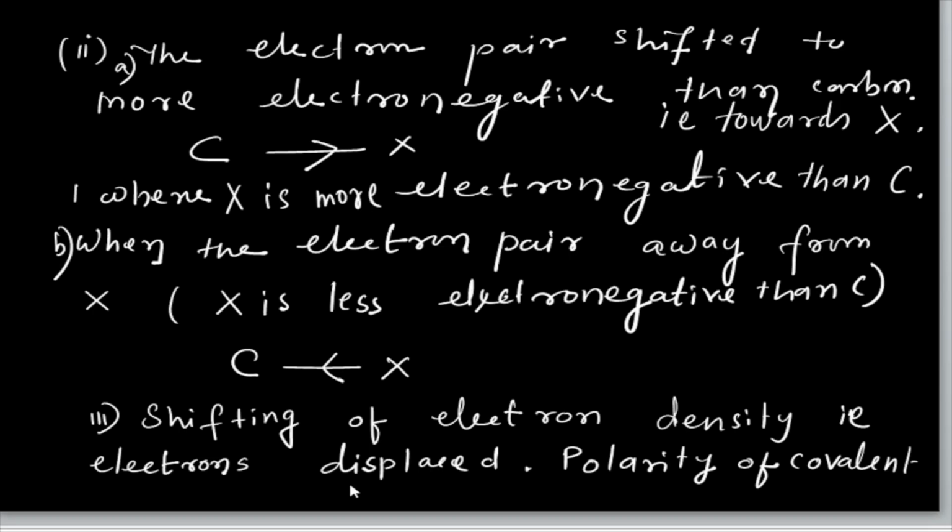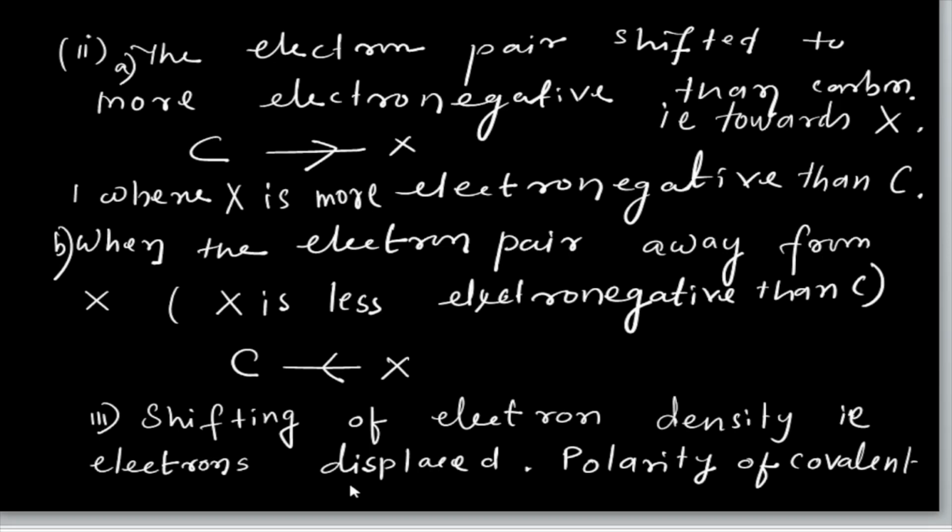I told you before also, when a highly electronegative atom is attached to carbon, automatically the electron pair moves towards the electronegative atom, that is towards X. That means X is more electronegative than carbon. In the opposite case, when the electron pair moves away from X and towards C, that means X is less electronegative than carbon.